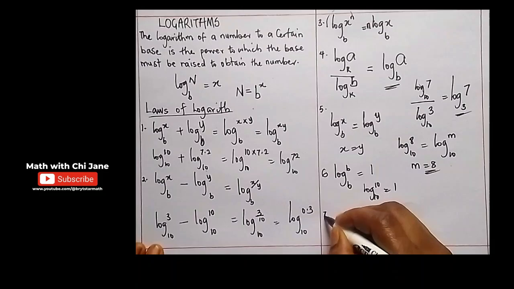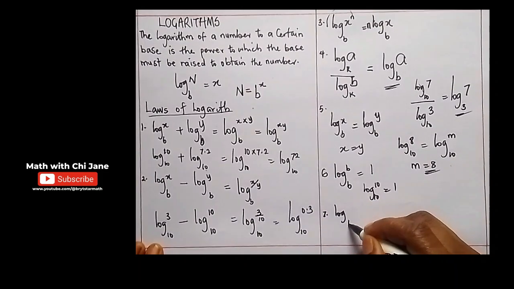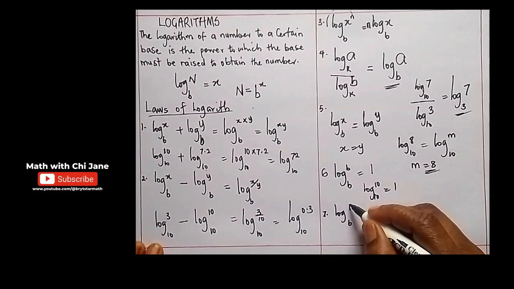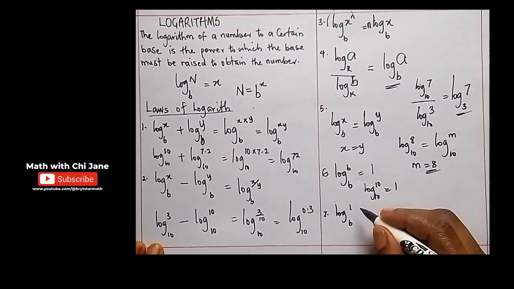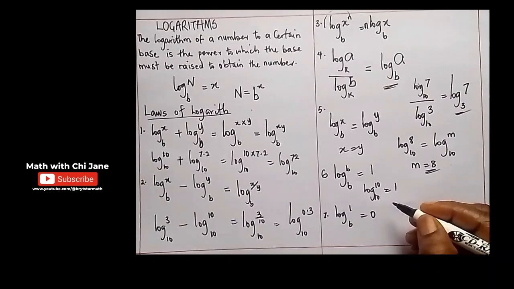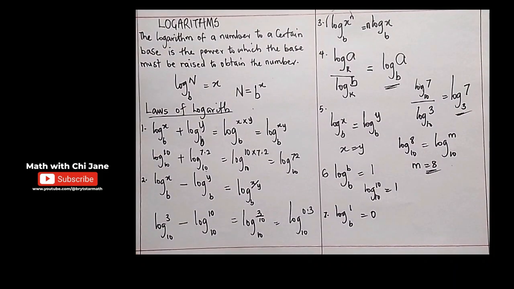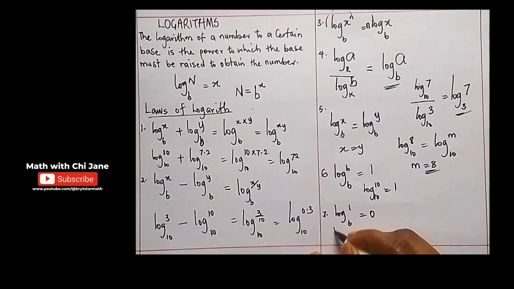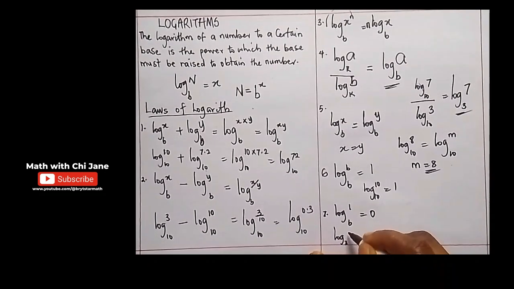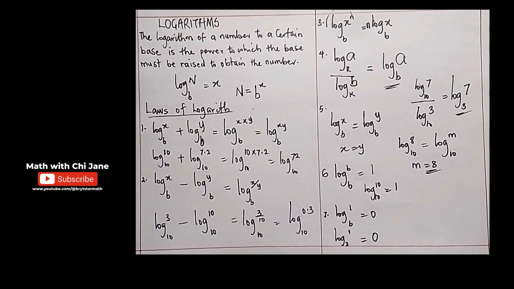Then finally, for now, where we have log base b of the number 1, that is equal to 0. Just as we have in indices, when a number is raised to the power of 0, that number is equal to 1. So log base 3 of 1 is equal to 0.